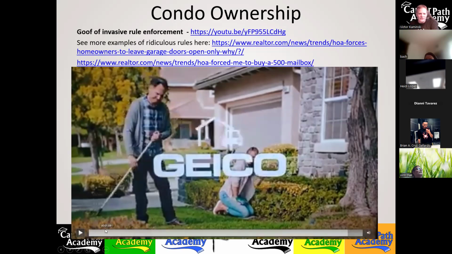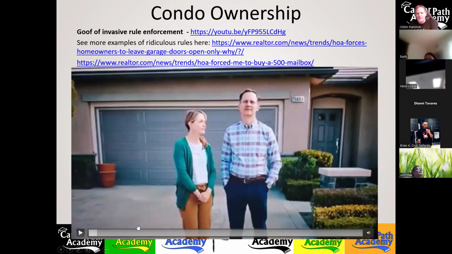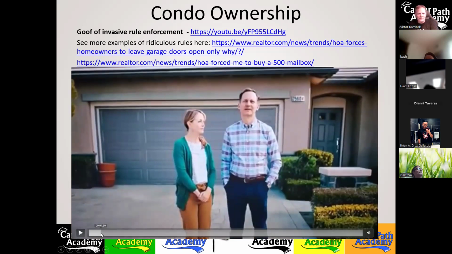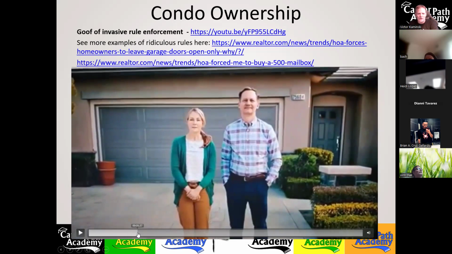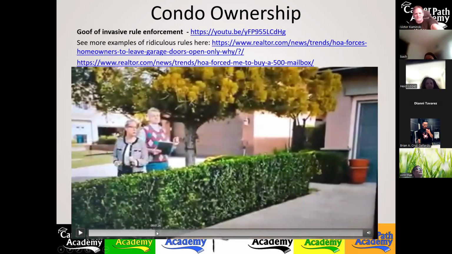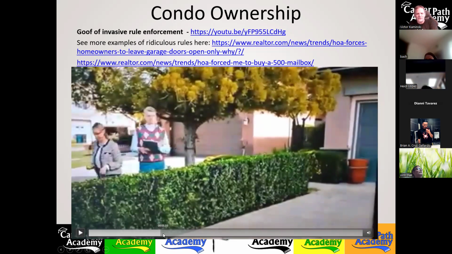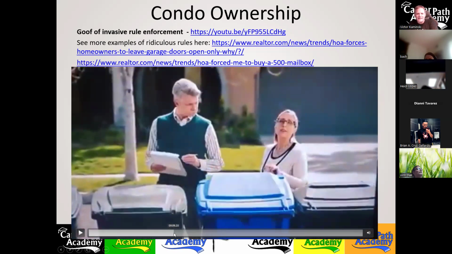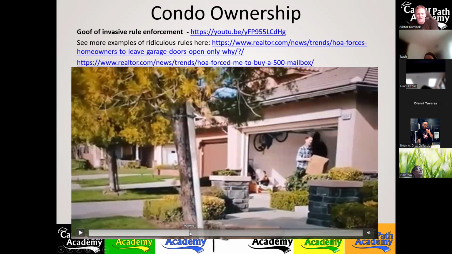Now, one thing you'll notice here, let me back up in this commercial. Look at the house behind them. Let me see if we could fast forward a little bit where that guy was walking that baby, and you could see some other houses there in the distance. These are single family houses. This is not attached housing in this condo complex.